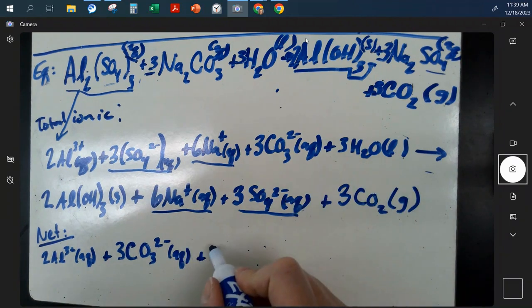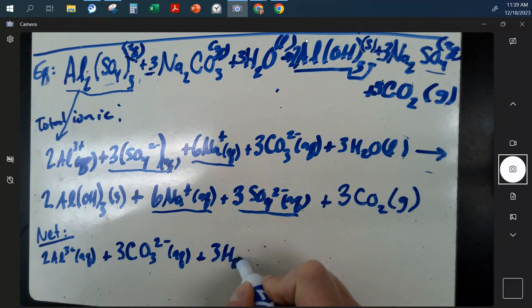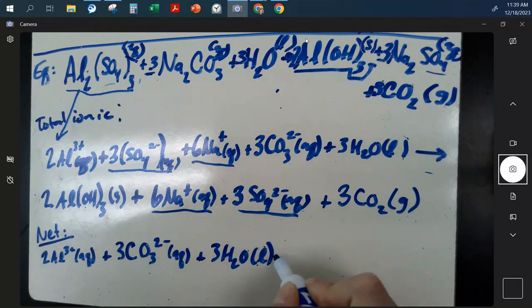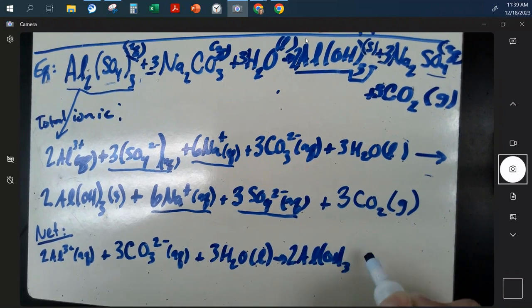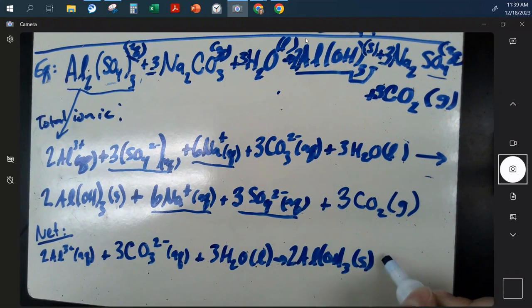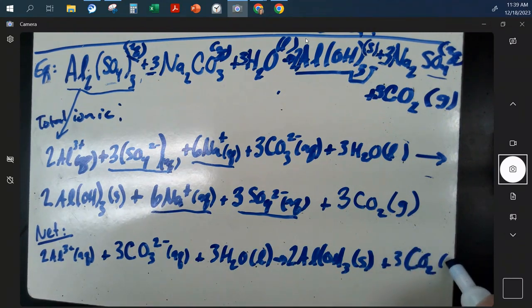Plus 3 waters. The water reacted here and goes to 2 Al(OH)3 solid, and our carbon dioxide gas. All of these should still stay balanced.